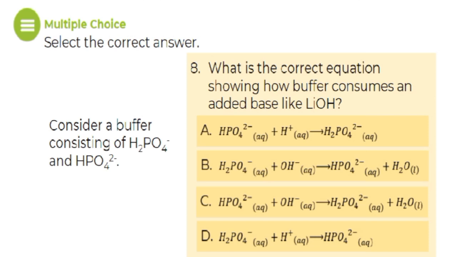Number 8. Consider a buffer consisting of H2PO4 negative and HPO4 2 negative. So the question is, what is the correct equation showing how the buffer consumes an added base like LiOH? Is it letter A, letter B, letter C, or is it letter D?